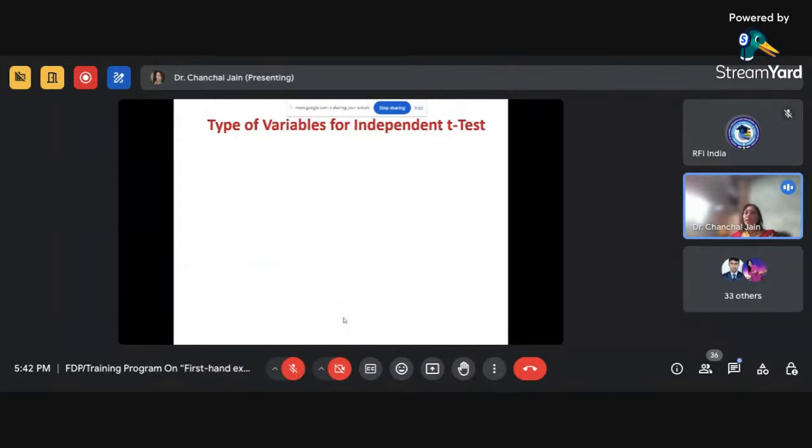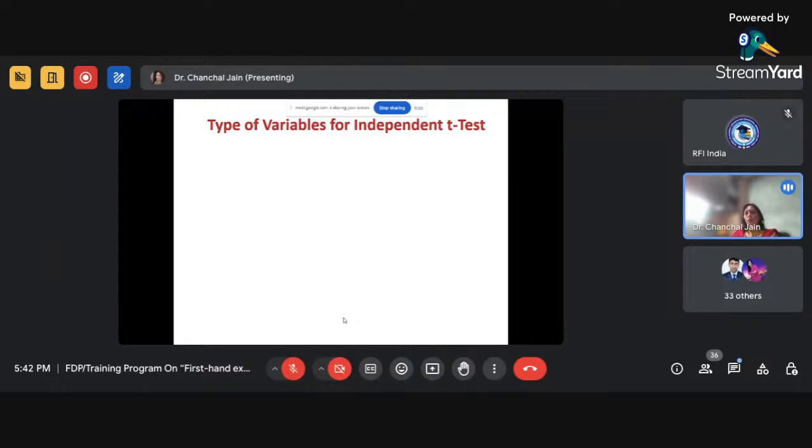If you have such clarity, then according to the requirement of the test, you can understand which test you need to apply. Apart from that, you need one more understanding, that is the purpose of your study, meaning whether you want to find the difference, relationship, or impact, or something like that, right? So that is the important thing.